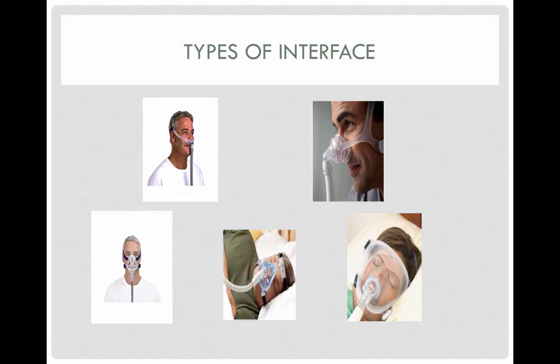This is called a Perfalow mask. It's kind of considered a total face mask. These seal really well. They look gigantic, but they do work well on some patients. We'll talk about masks more later. I just wanted to give you a brief overview of what they looked like.